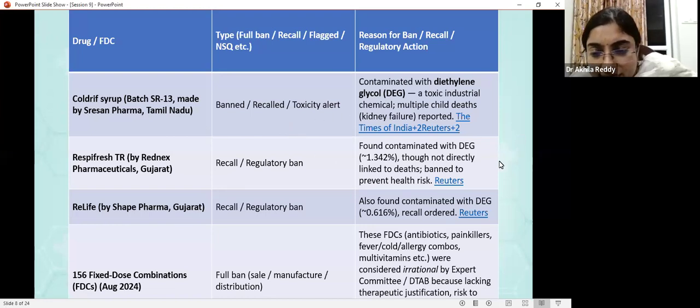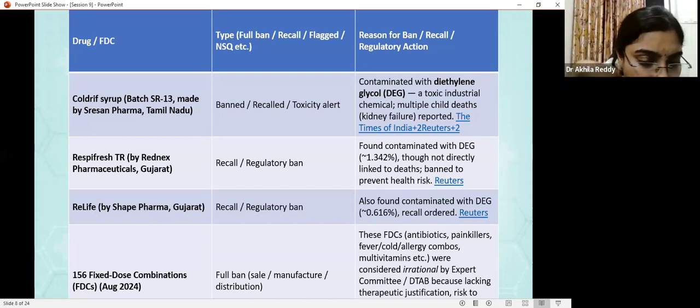They found the molecule contaminated, which was prepared by Rednex Pharmaceuticals. Regulatory means whenever it goes through a quality check, the regulatory bodies might be the CDSCO, or at the next level the WHO, and they banned it. Whereas the first one led to child deaths and kidney failure, reported in almost 18 or 19 cases. Then the drug got banned immediately.